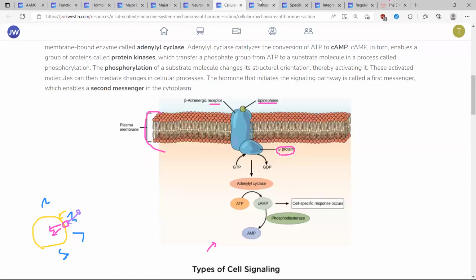So what kind of signaling effects are we talking about? We're talking about, for example, adenylyl cyclase. So the GTP has come in and attached here, and the GDP left, right? While that's happening, all of this is happening.